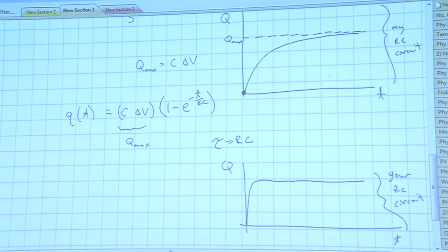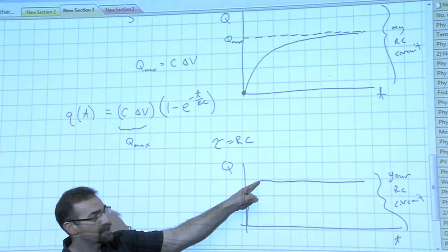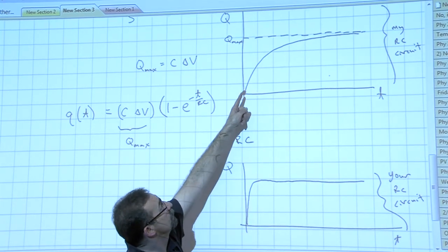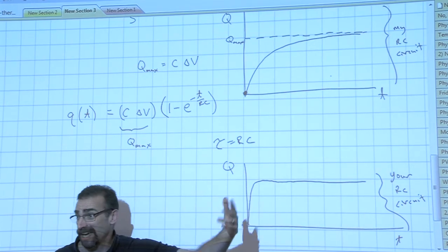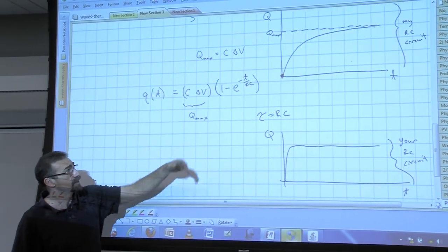And we want to be able to compare these two. Well, if these time axes are the same, yours charged much quicker. By the time yours reached pretty much its maximum charge, mine was about halfway to its maximum charge. Mine is going much slower. So we want to be able to compare these.